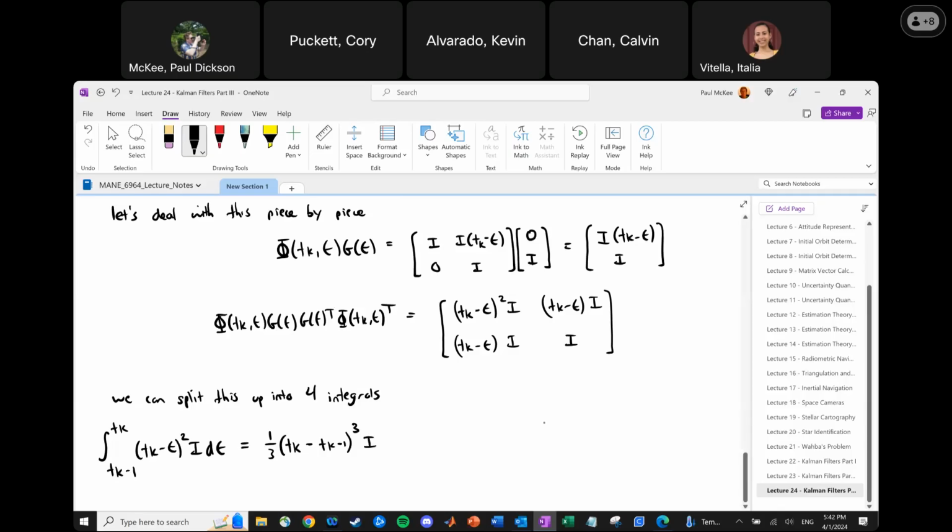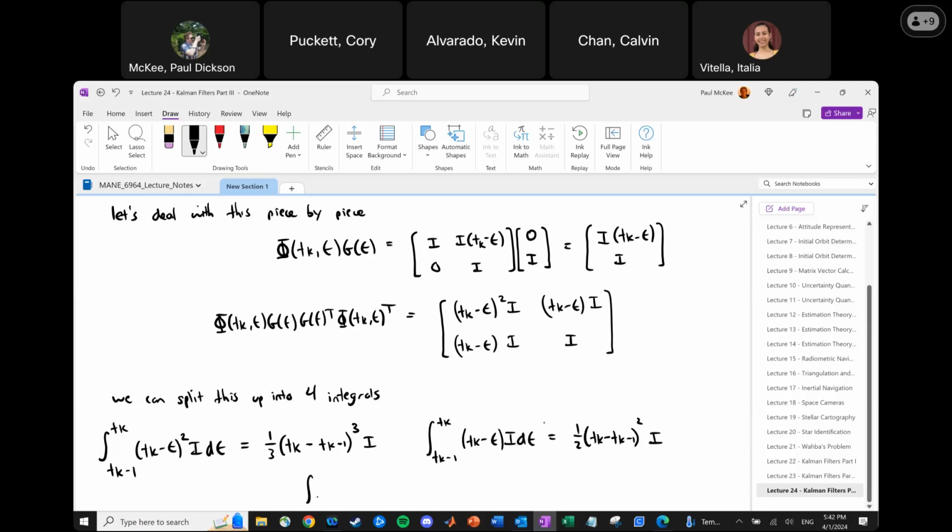That's what that integral looks like. Okay. Similarly, the integral from tk minus 1 to tk of tk minus epsilon times the identity matrix d epsilon, you might be able to guess it's going to be 1/2 tk minus 1 squared times the identity matrix.